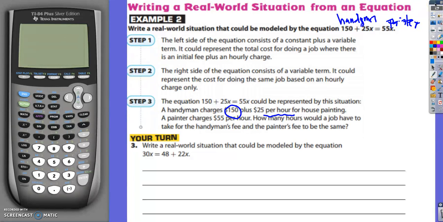Alright, we want to write a real-world situation that could be modeled by the equation 30x equals 48 plus 22x. So let's maybe talk about a tennis club or some type of club. And so we have a tennis club.